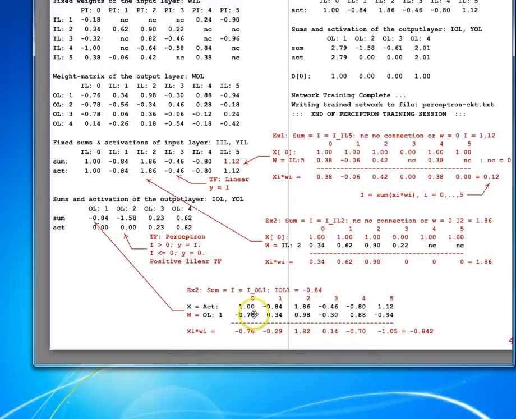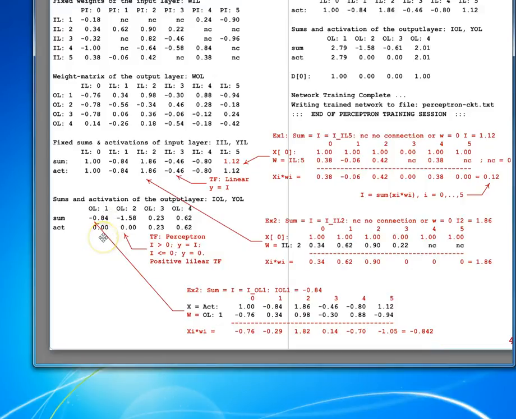You multiply that with the input vector here, which is going to be 1.84, 1.86, and the last one is 1.12. So if you multiply the corresponding elements, one times -76, 176, and so forth, and add them up, you'll get 842. Obviously all these things are rounded to the second decimal place, then you get the sum.